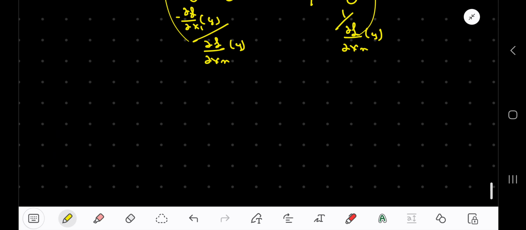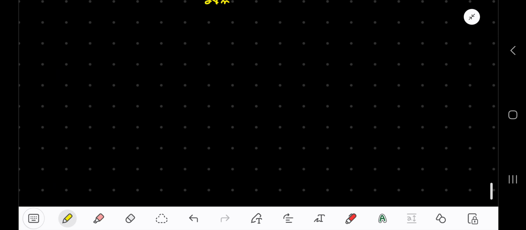Now since this derivative is invertible at y, we can apply the inverse function theorem.